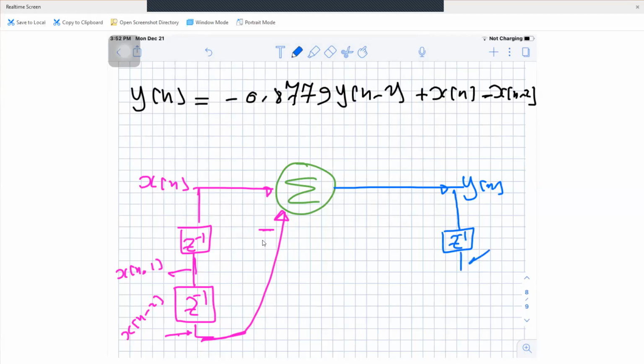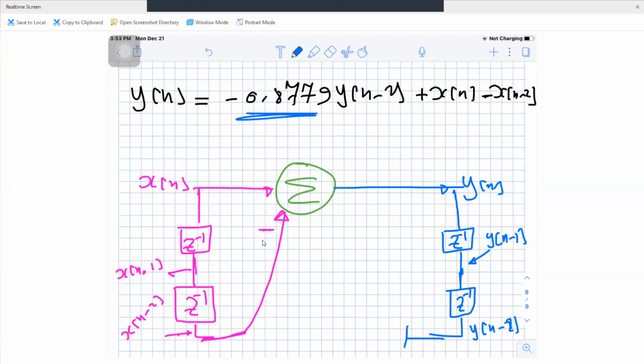It will be y of n minus 1. And another delay we have, again z to minus 1. Again, it will be y of n minus 2. But this time, y of n minus 2 is scaled by minus 0.8779.